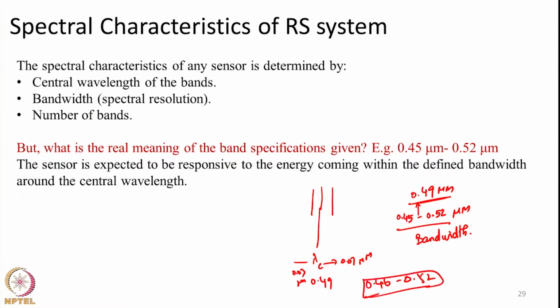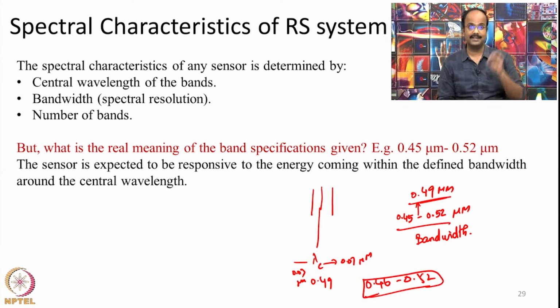So, a central wavelength, a bandwidth surrounding the central wavelength and the number of bands, all these together will define the spectral characteristics of a system. Among these things, the spectral bandwidth, like 0.45 to 0.52, that is 0.07 micrometers. This bandwidth defines the spectral resolution.